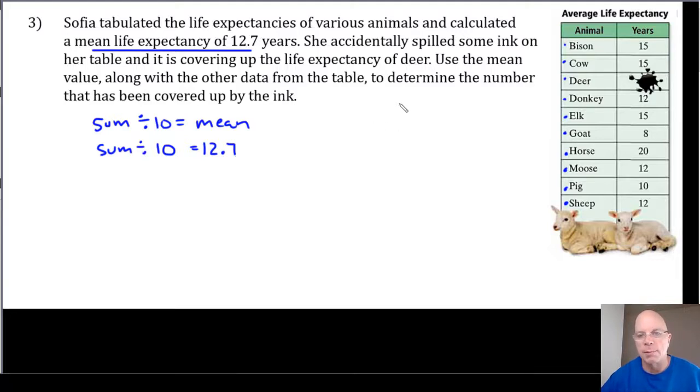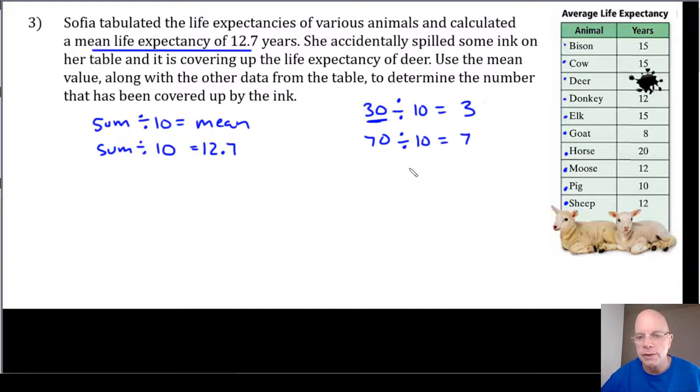Think of an easier problem. What number would you be dividing by 10 to get 3? It must be 30, right? What number would you be dividing by 10 to get a quotient of 7? It must be 70. So the number that you're dividing by 10 must be 10 times the quotient, or the mean in this case.